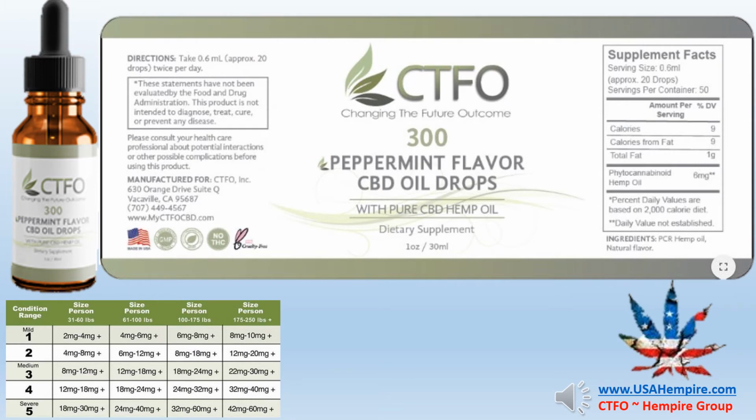All right, kings and queens of the Hempire, listen up. This is where the proverbial rubber meets the road. This is where your questions are answered. So here we go. Looking at the 300 milligram bottle, we see it's a 1 ounce bottle, a 30 milliliter bottle, serving size 0.6 milliliter, which is approximately 20 drops, and we know to be 1/2 a dropper.